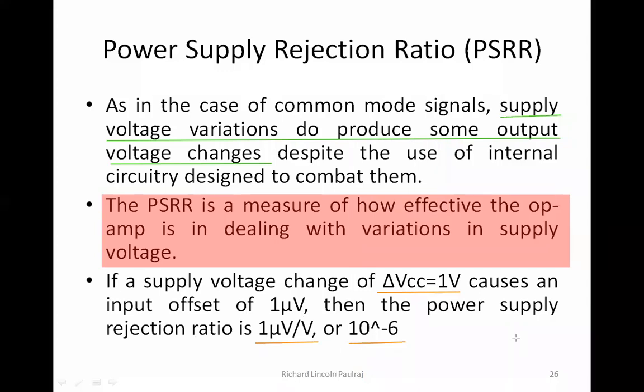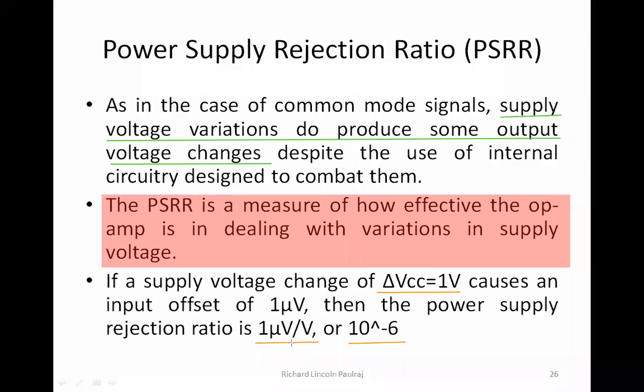So if there is about 1 volt difference in the supply, then what happens? How do I calculate PSRR? PSRR is calculated as 1 microvolt per volt. So for every volt, there is 1 microvolt of change.